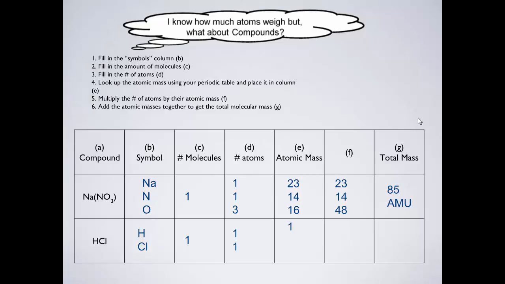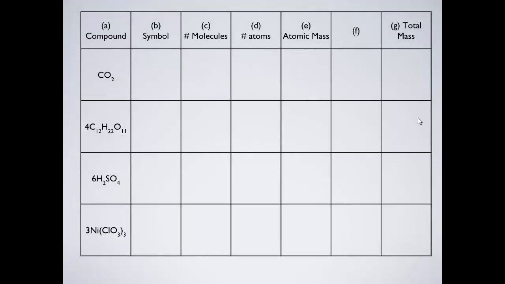How about chlorine? 35. Multiplied out? 1 and 35. Not an exciting example, is it? 36 AMU.